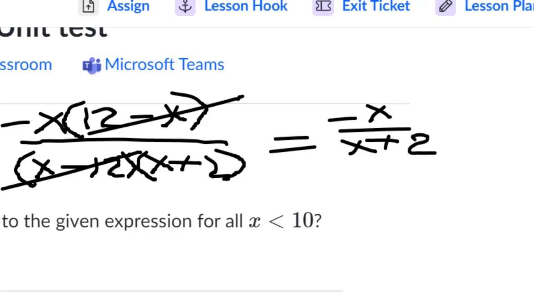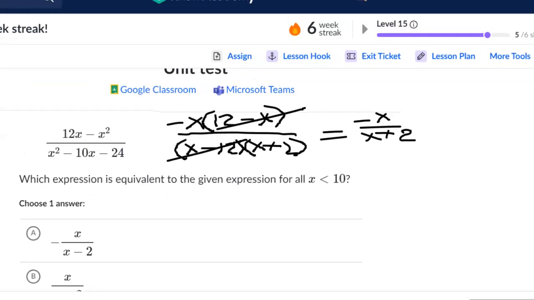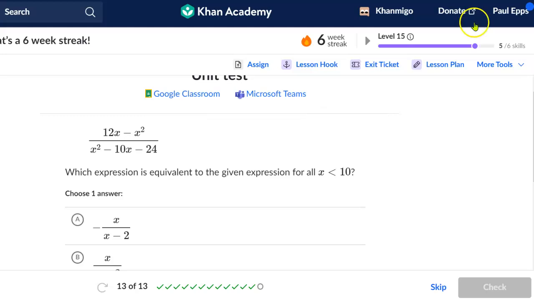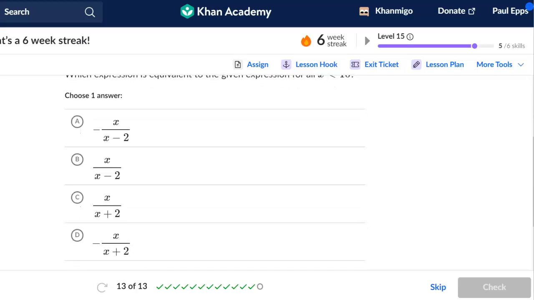Zoom it back. Negative x over x plus 2. Is that a possible answer? Negative x over x plus 2. Yes, there it is. Negative x over x plus 2.